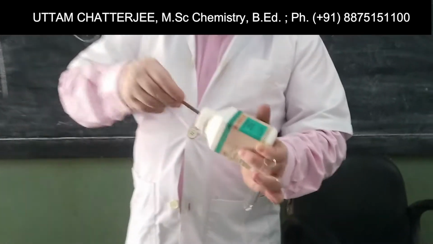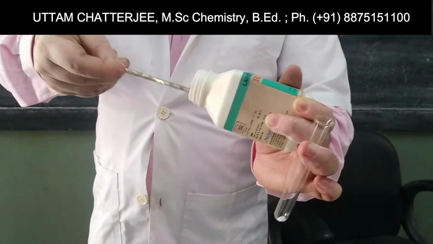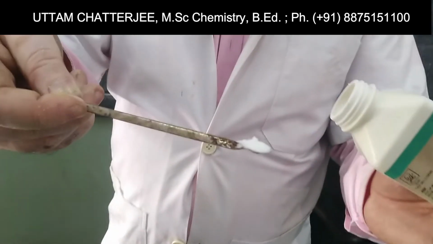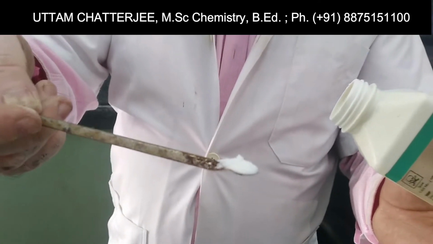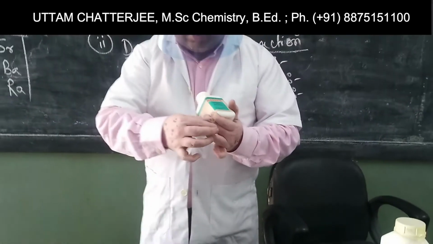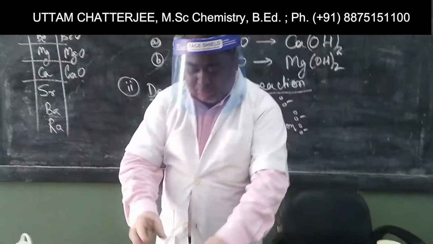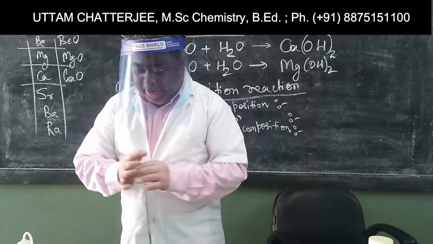So if you are asked to identify lead nitrate, how a lead nitrate looks like, what is its physical appearance? So its physical appearance is crystalline shiny solid. It's filled up. Now I am not going to put any water in this. I will do thermal decomposition, means I will heat it and I will break it.